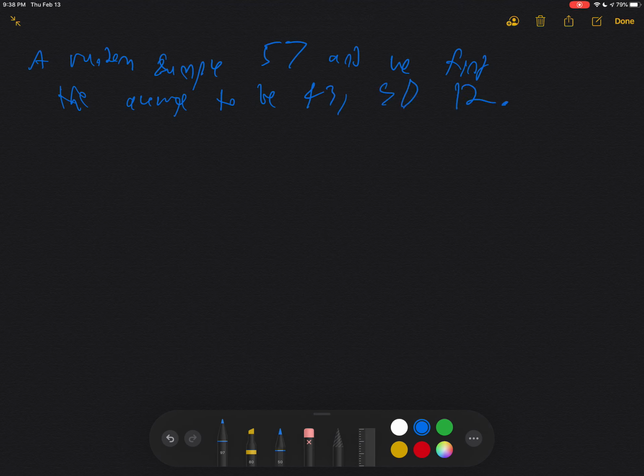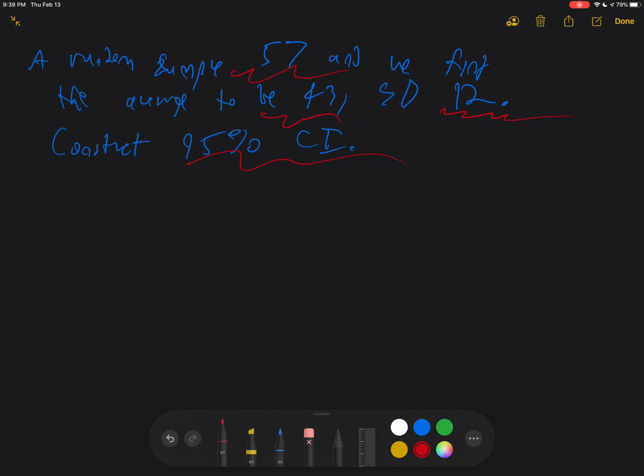It asks us to construct a 95% confidence interval. Let me highlight some values: the sample size is 57, the sample average is 43, the standard deviation is 12, and we want a 95% confidence interval.